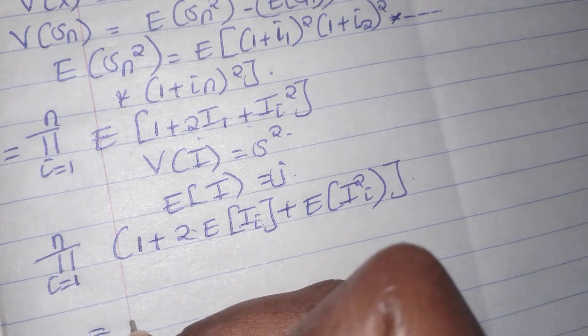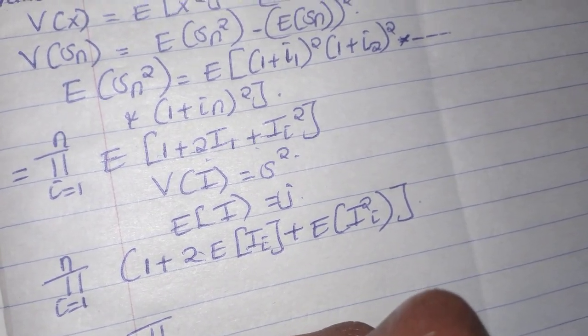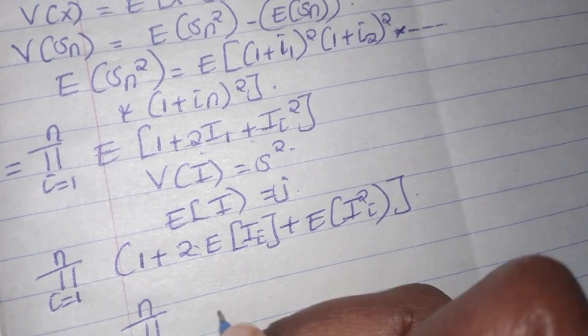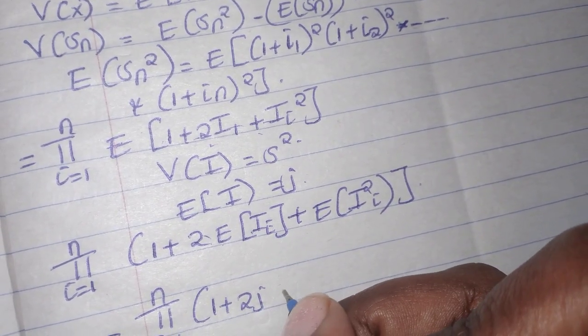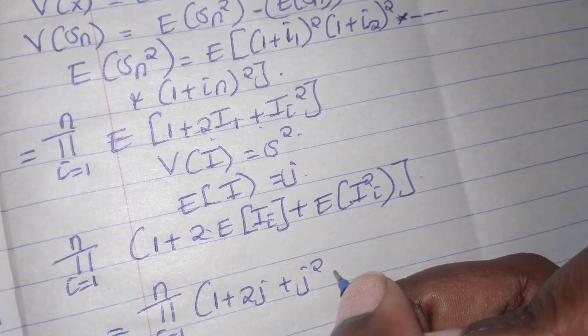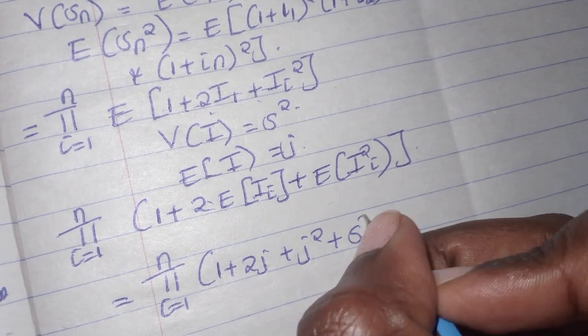So this is equal to the product of 1 plus 2j plus j squared plus s squared.